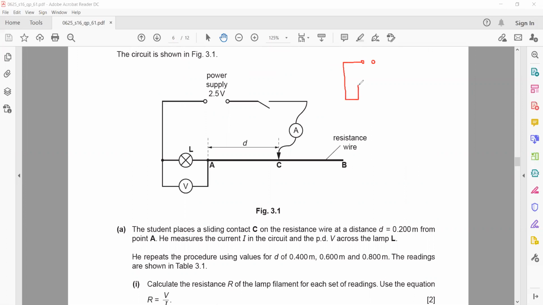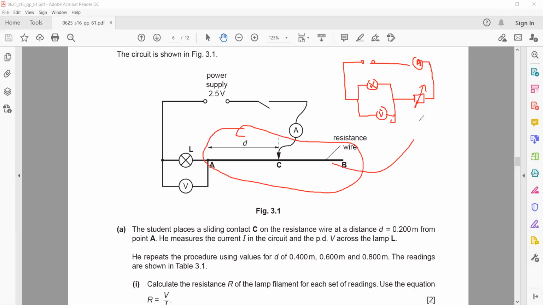Supply is there, a lamp is there, a voltmeter, and next to that a variable resistor, and then an ammeter. So basically this whole part is replaced by a variable resistor. Is it clear? I forgot to draw the switch, but there will be a switch as well. Is it clear, this part?